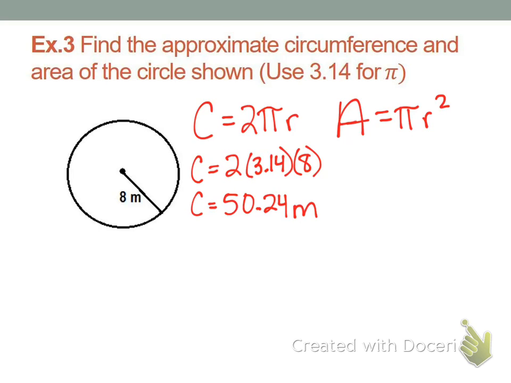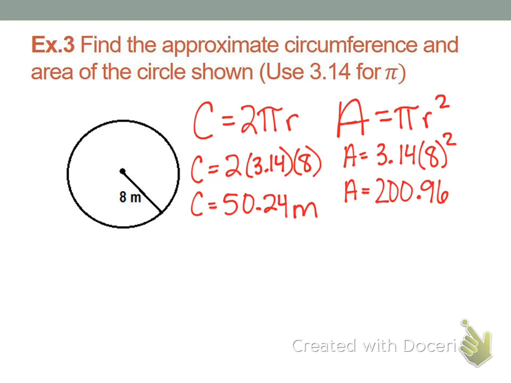Okay. Next. Area equals 3.14 times 8 squared. Maddie, what'd you get? 200.96. Yeah. We agree?